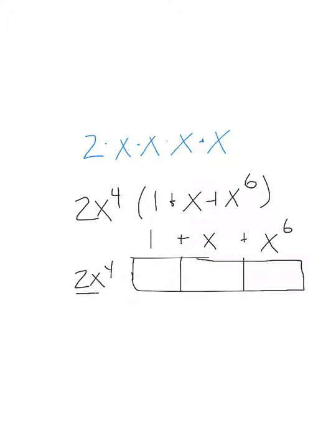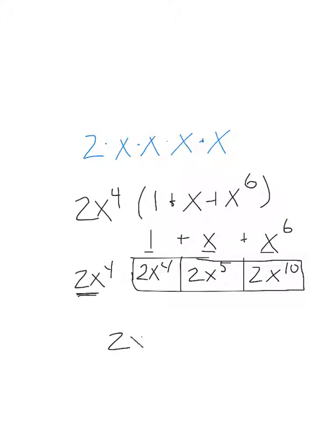So when I take 2x to the 4th times 1, I get 2x to the 4th. If I take 2x to the 4th times x, I get 2x to the 5th. And when I take 2x to the 4th times x to the 6th, I get 2x to the 10th.